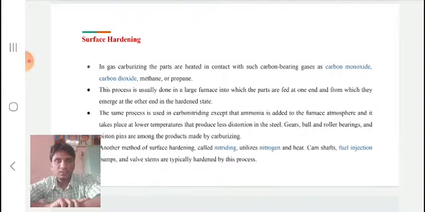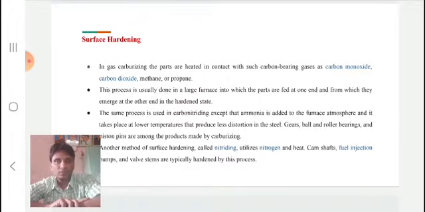And the portions like intricacies which are not in contact with the charcoal or carbon, the diffusion of carbon in those areas is very low.